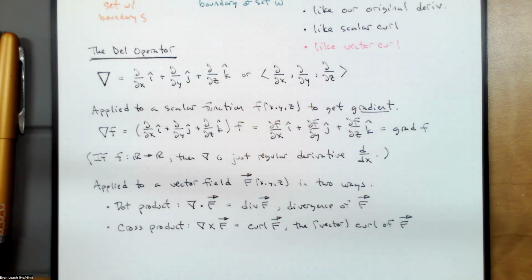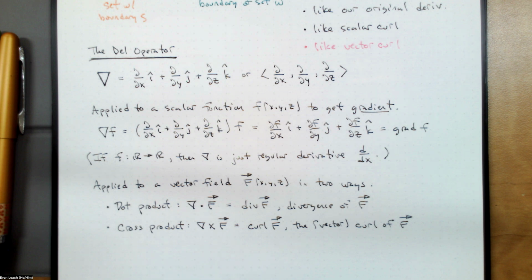The curl of a vector field is a measure of how swirly the vector field is. That's a super technical term. That's why I say swirly, because I don't want us to think about it too much. It's telling us how much the vector field will cause rotation.